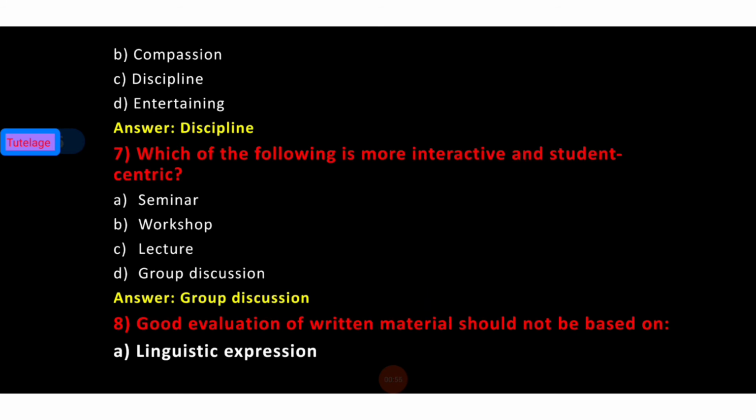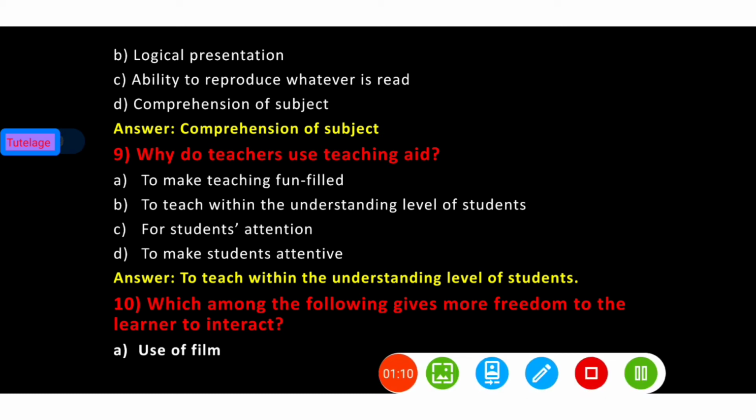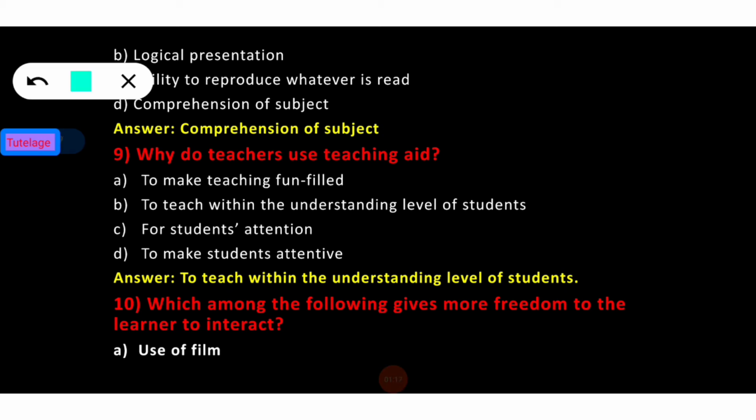But it should not be based on the comprehension of subject. So that's why this is the most appropriate answer. The correct option is option D. Now move on to the next question.